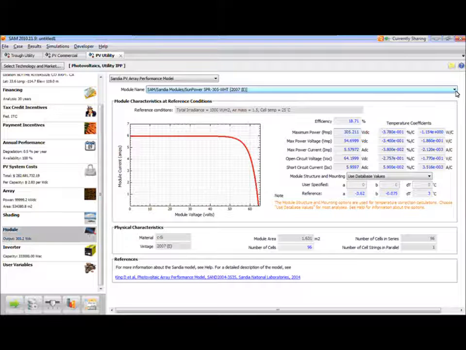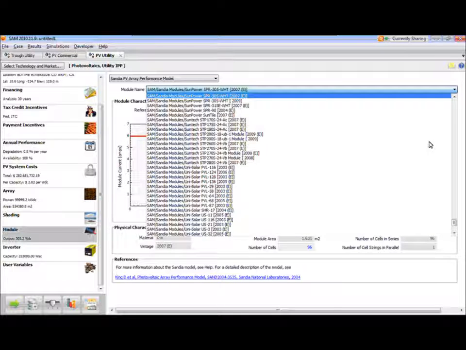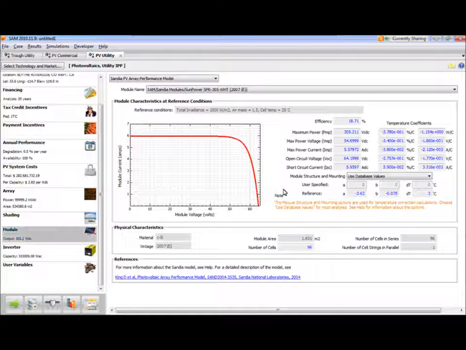But there's a drop-down list of modules, so I could choose from any of these other modules in the list. And I'll come back to the options for modeling modules and inverters in a moment. I just wanted to show you that we're building a system from components that you specify.